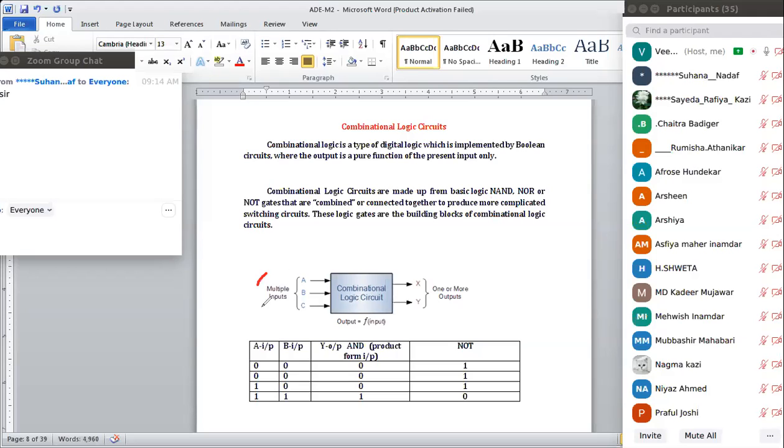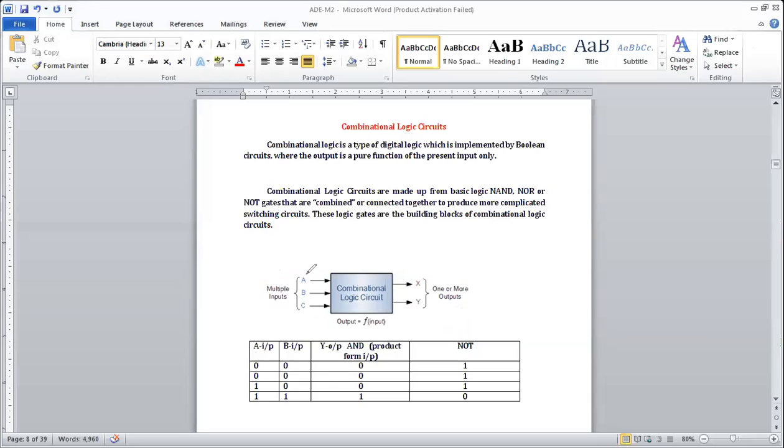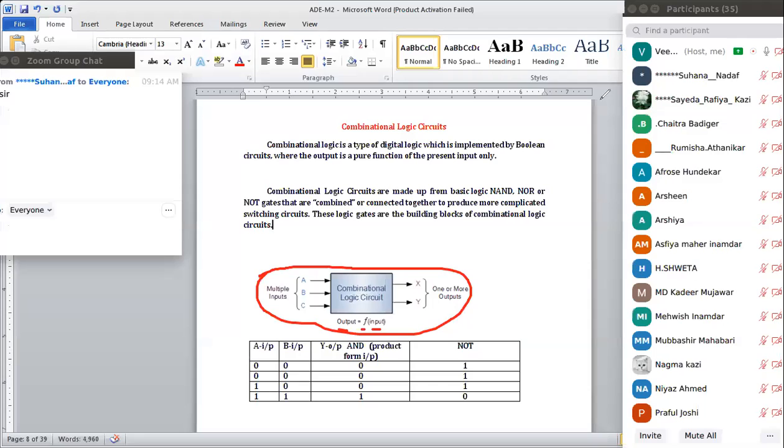So here there are multiple inputs and the output depends upon the function of the input, whatever type of function we are going to use, those functions like AND or NAND. Yes, someone raised a hand. Do you have any doubts?